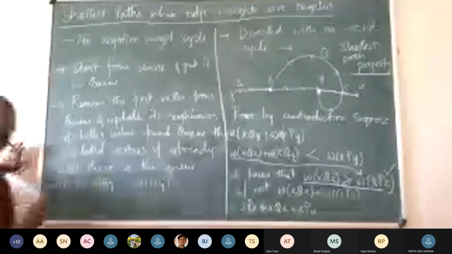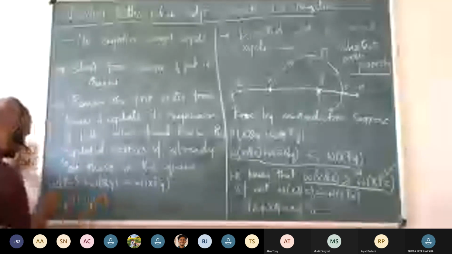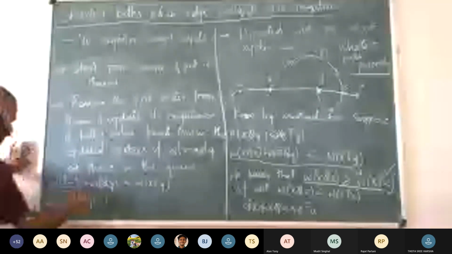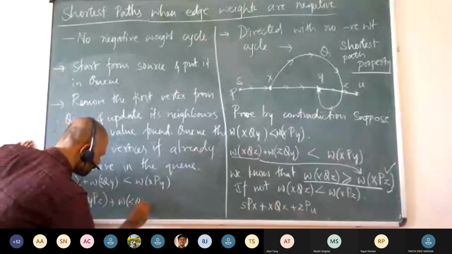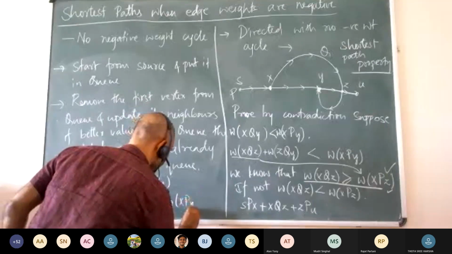Now XPZ you expand into XPY and YPZ. So this is the weight of XPY plus the weight of YPZ, plus the weight of ZQY, which is strictly less than the weight of XPY.